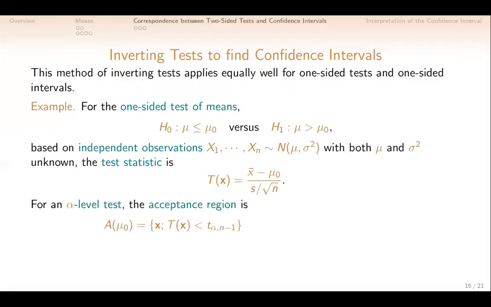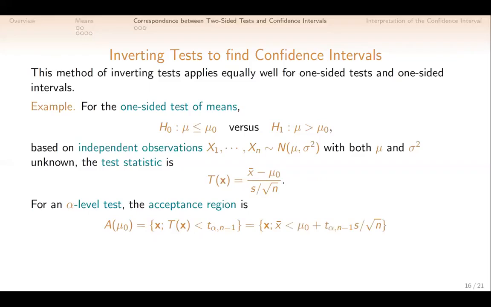For an alpha level test, I accept if t is not too big. That's the set of data so that the t statistic is below t alpha, n minus 1, which has an upper tail probability of alpha with n minus 1 degrees of freedom.